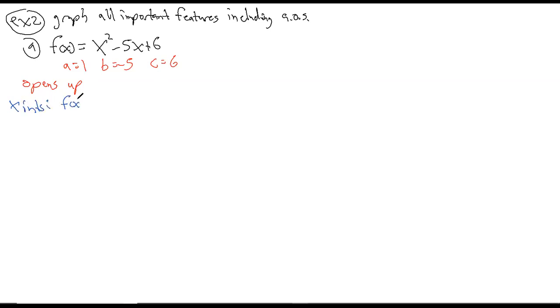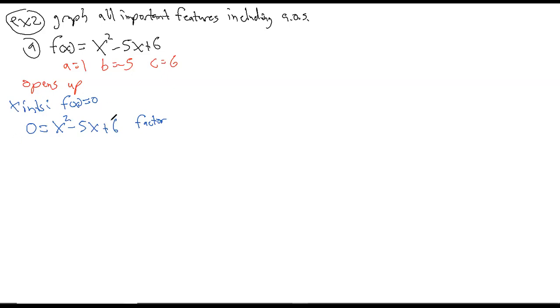Remember, that's when we set the function equal to 0. So we go 0 equals x squared minus 5x plus 6. I can't guarantee this is factorable, but that's the first thing you should try. If it's not factorable, you'll need that quadratic formula that I was nice enough to remind us.